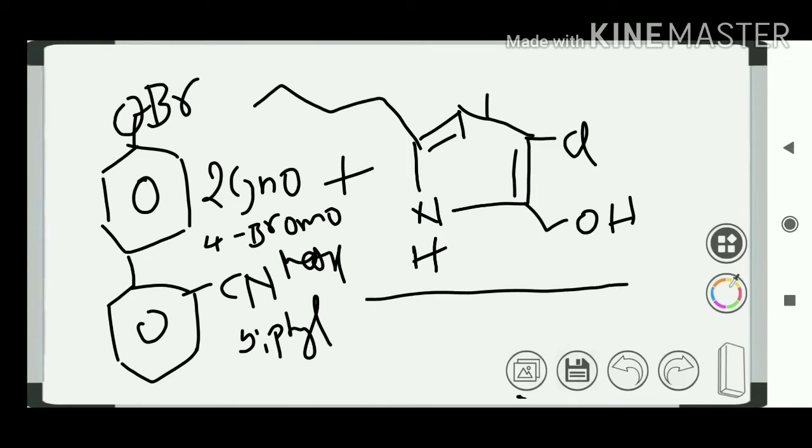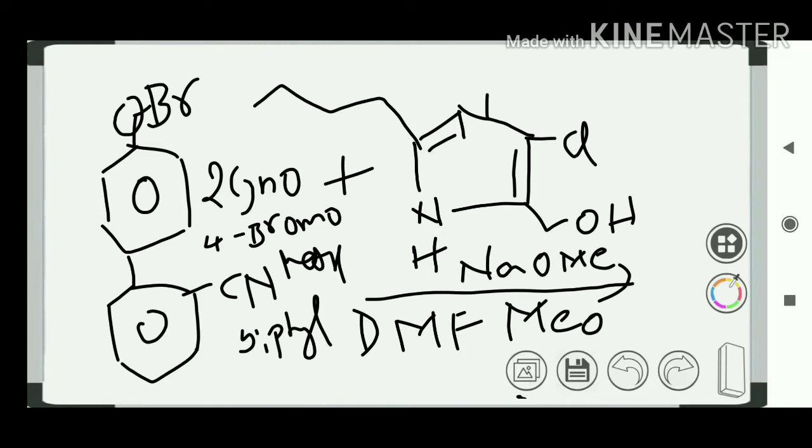It reacts in the presence of sodium methoxide in DMF, dimethylformamide. What is the need of using dimethylformamide? We have to remove the excess methanol. That's why DMF is used here.